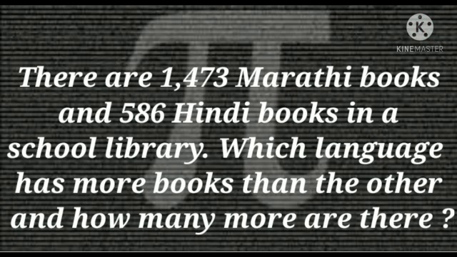There are 1473 Marathi books and 586 Hindi books in a school library. Which language has more books than the other, and how many more are there? So first we are going to start writing with given information.